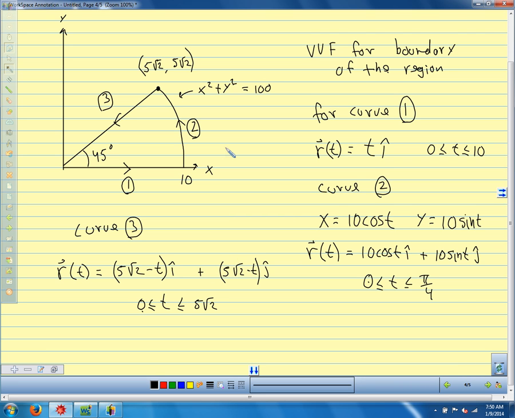A lot of times the problems will say use such and such as your parameter. So they give you a hint. You don't have to come up with the parameterization. But here, because we have lines and circles, those parameterizations are pretty easy.